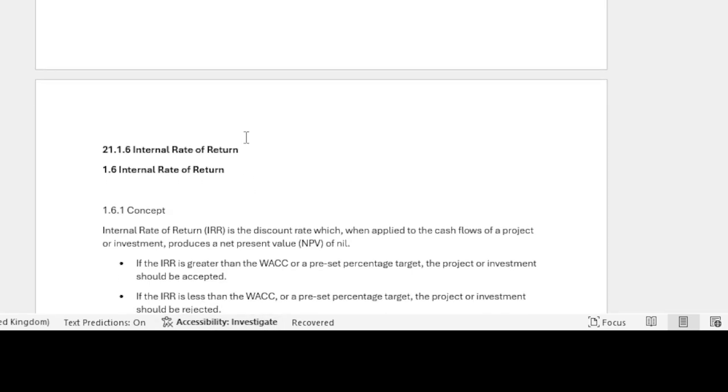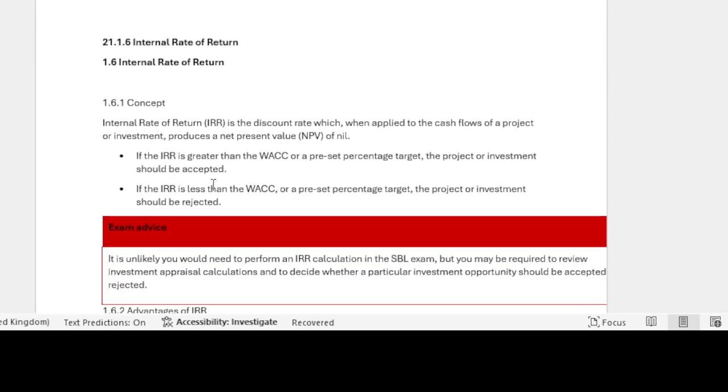Then we have IRR, or what we call the internal rate of return. With the IRR, after we've done the computation of the NPV, we can then assume a different rate. We also get the NPV at that rate, and from that we get an average. That's how we get to IRR.